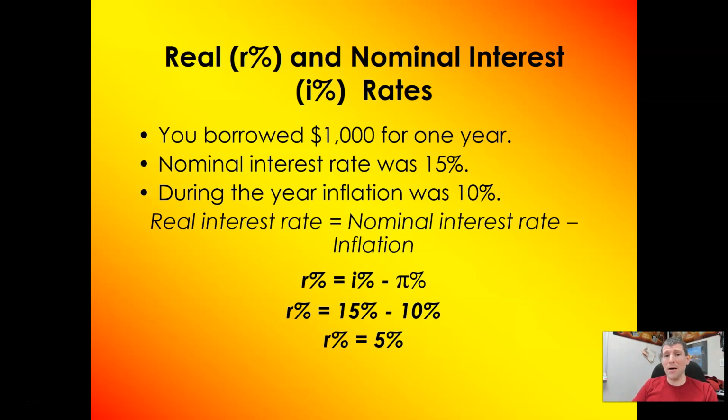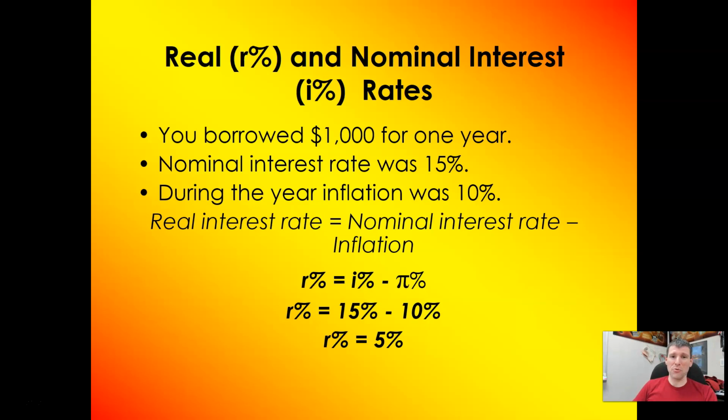All right. Or let's say that inflation was a whole lot worse. Let's say inflation was 25%. All right, things got bad. So the nominal rate was 15% because they expected inflation to be 10%. Actual inflation was 25%. So what that means is that they actually lost value. So they charged a 15% nominal rate, but because of the 25% inflation, they actually got paid back 10% less value than what they initially loaned out.